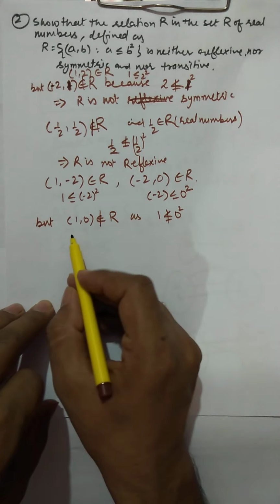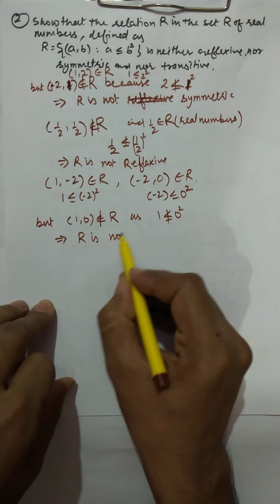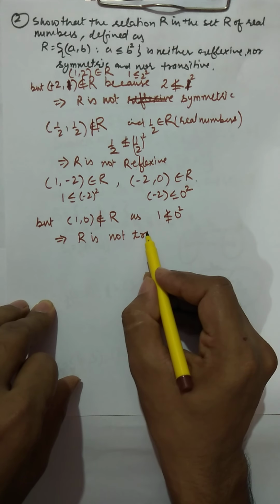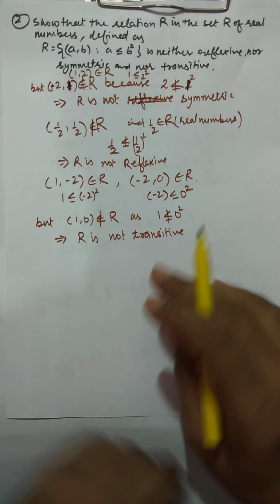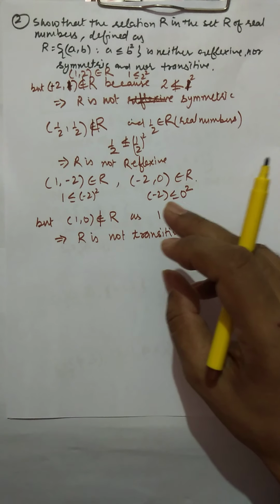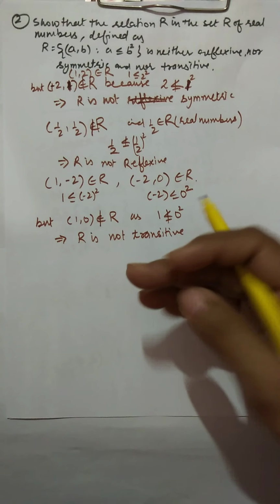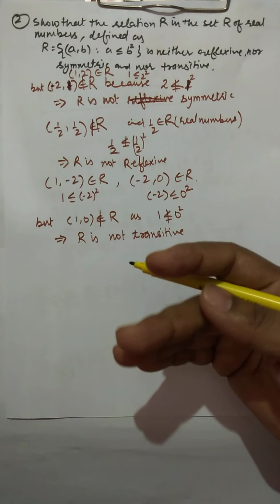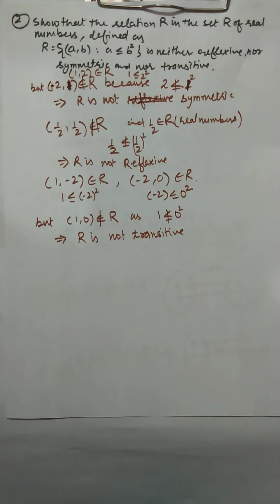So we have got this one example, and we can say that R is not transitive. So this way we have shown that R is not reflexive, not symmetric, not transitive. And in all these cases we need to take some examples through which we can show that this relation is not holding these properties.